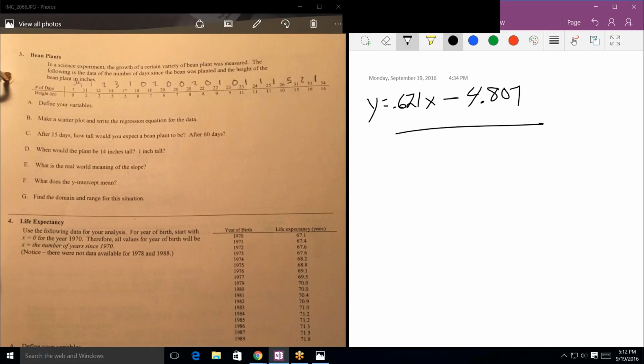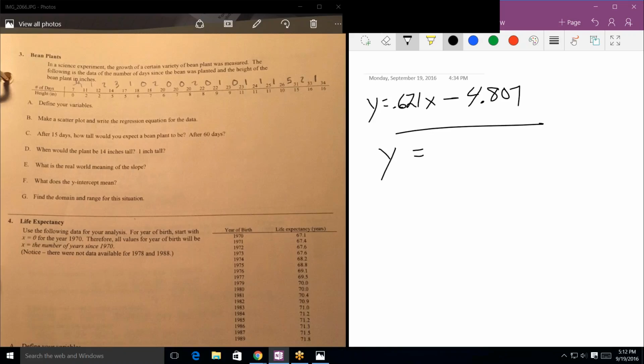When you plug in 15 for x, multiply it by 0.621, come up with a number, and subtract off 4.807. That makes sense. We want to look at the answer because we want to see that it makes sense. In other words, based on this table, it needs to make sense.